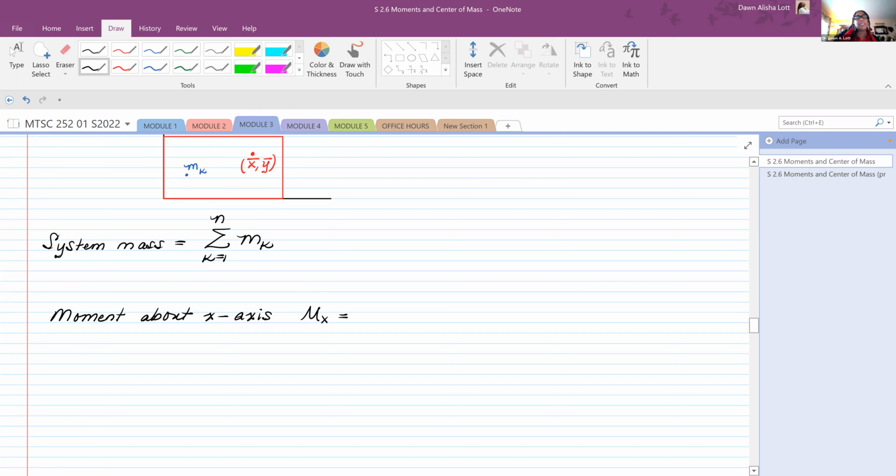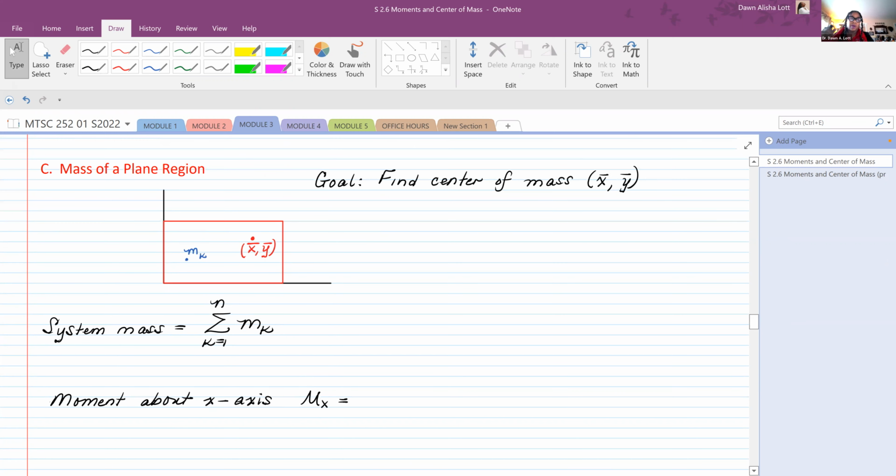It is based on the desire of a mass to rotate around the x-axis. So if this mass wants to rotate around the x-axis, what's important to me is its distance from the x-axis, and that value is y.